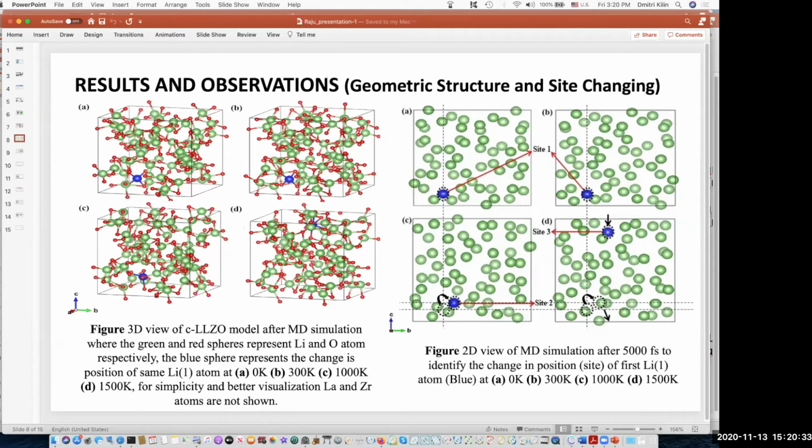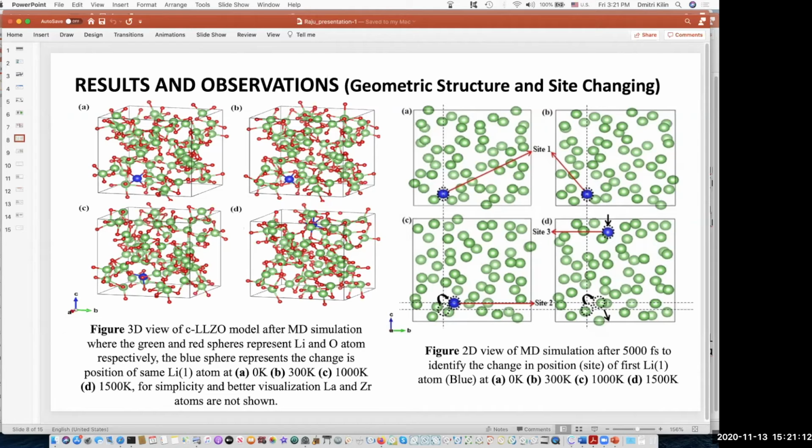So you can see at the very beginning, at 0 Kelvin, the blue atom is at its original position. As we increase the temperature to 300 Kelvin in B, it makes a little movement, but it is still in the original position. It just starts to vibrate. And when we increase the temperature to 1000 Kelvin, it hops, it changes its position to the neighboring position.